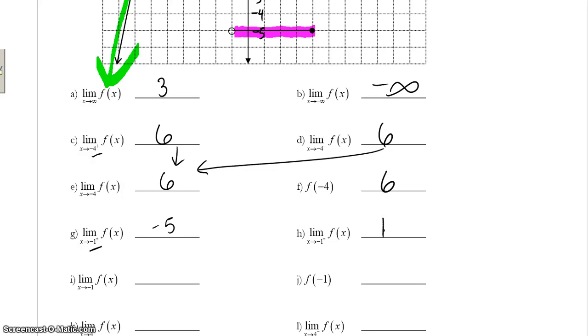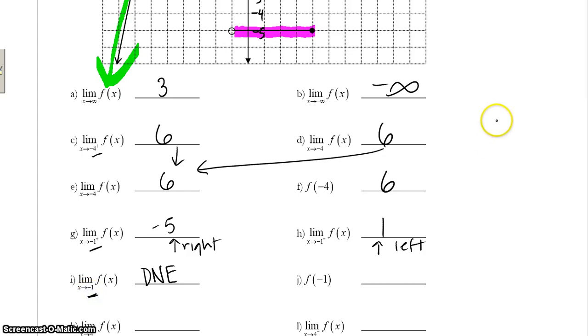So the limit as x approaches negative 1, f of x approaches what? Nothing. It does not exist because our left hand limit and our right hand limit are not the same. Sorry, this is right, this is left. They are not the same. Therefore, the limit at this value does not exist.